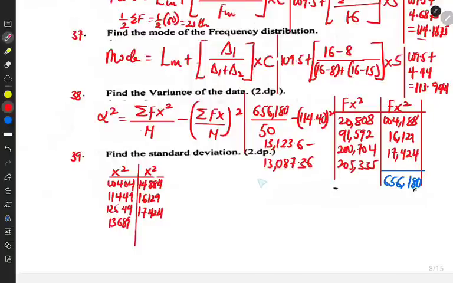And it's supposed to have a value of 36.24. So that becomes the variance of the data, 36.24.